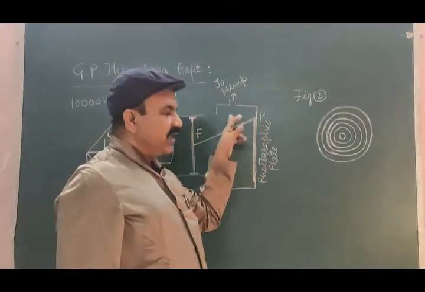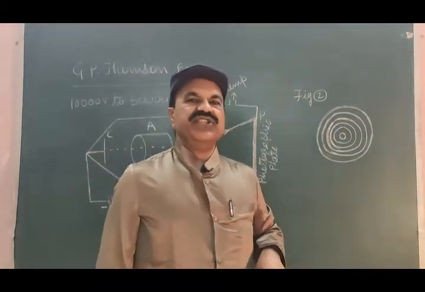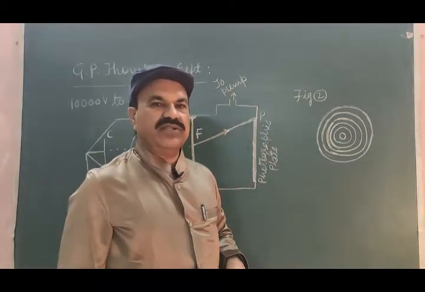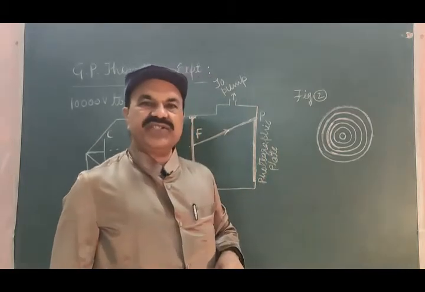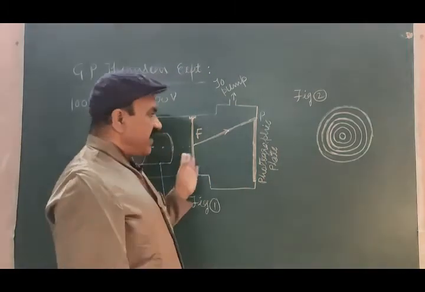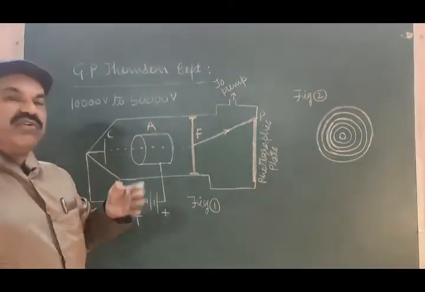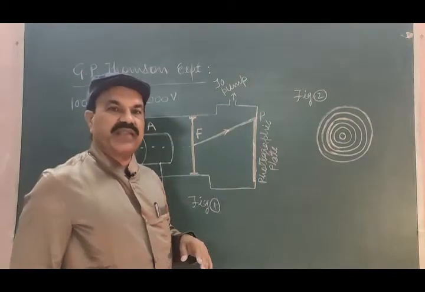When this photographic plate is developed, we will find this type of pattern. This type of pattern is the diffraction pattern, and this diffraction pattern was obtained by G.P. Thomson for electrons.